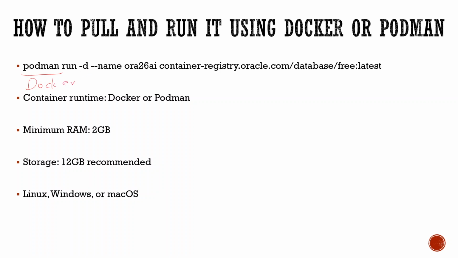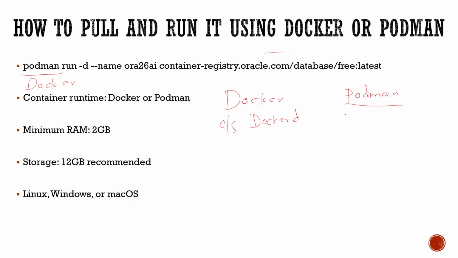So you may ask, what is the difference between Docker and Podman? The main difference is that Docker is a client-server model, and it requires a daemon. The Docker daemon should be running on the host where you want to install this container.